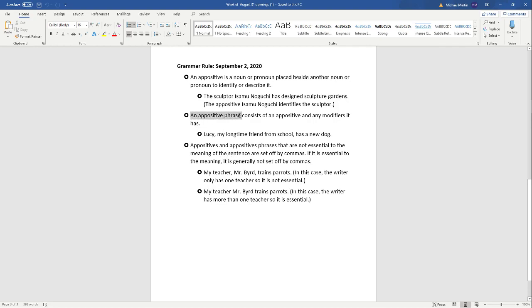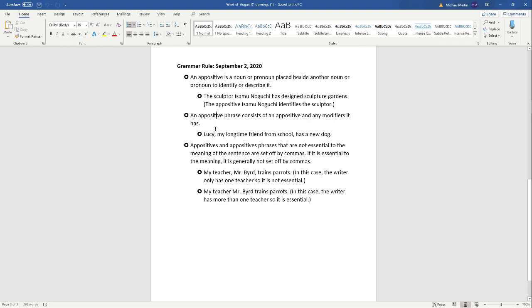An appositive phrase consists of an appositive and any modifiers it has. Lucy, my longtime friend from school, has a new dog. This appositive phrase is actually not necessary to understand the meaning of the sentence. You could literally just say, Lucy has a new dog.